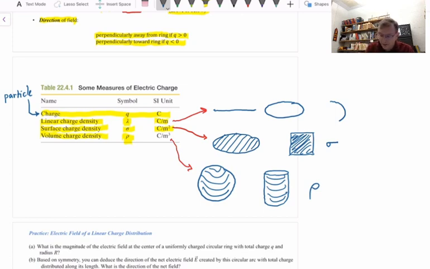Charge per unit volume in unit of coulombs per meter cubed. So watch out, rho can mean volume charge density or volume mass density. Coulomb per meter cubed or kilogram per meter cubed. Which it means is all on context, what's happening. So we want to get used to those different kinds of charge densities. Linear charge density, surface charge density, and volume charge density.